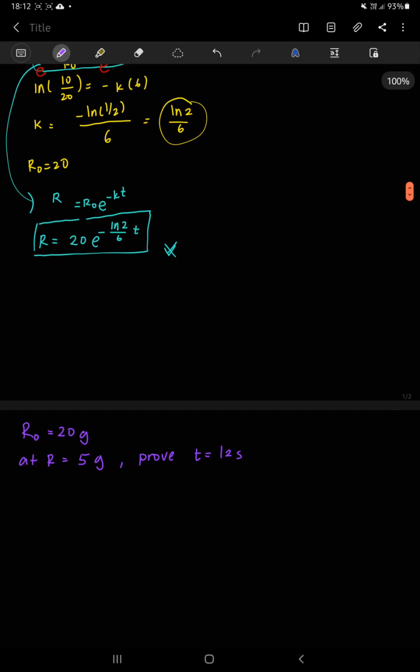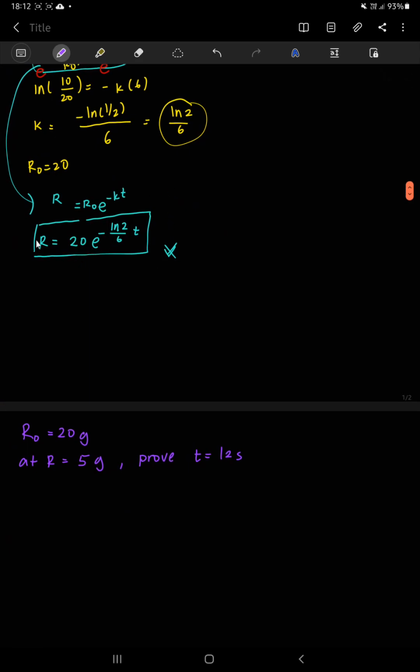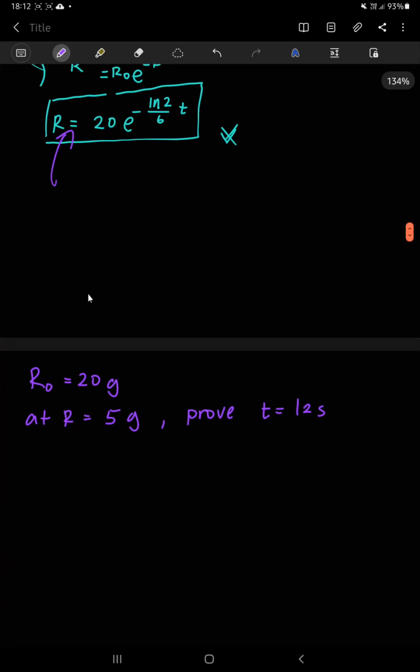So we just use the previous formula that we found. R is 20 e to the minus ln 2 divided by 6 times t.